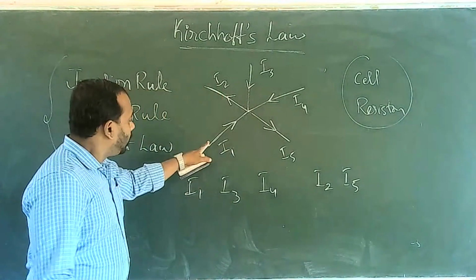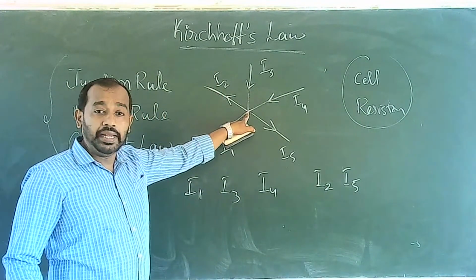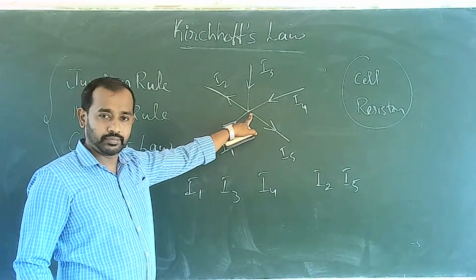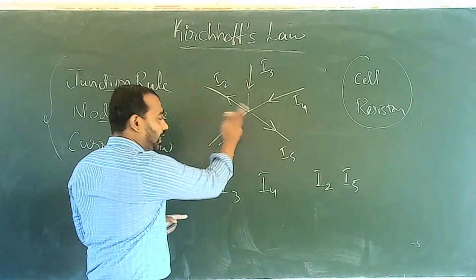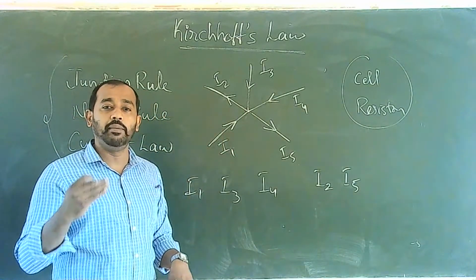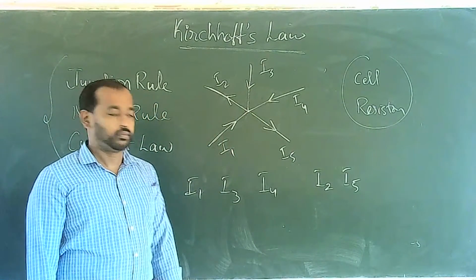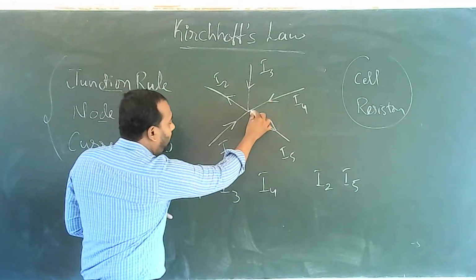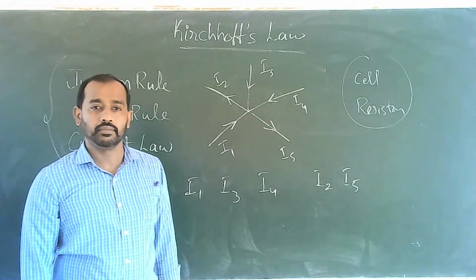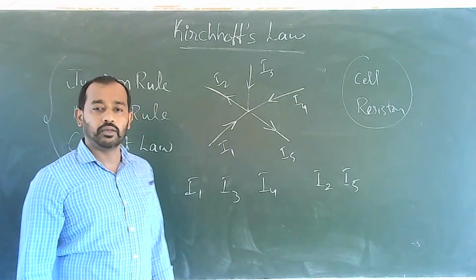So the current which is entering the junction, directed towards the junction, will be treated as positive, and those moving out of the junction will be treated as negative.